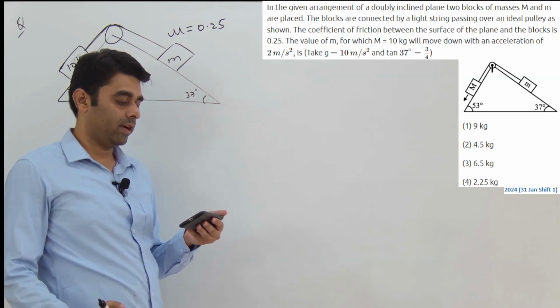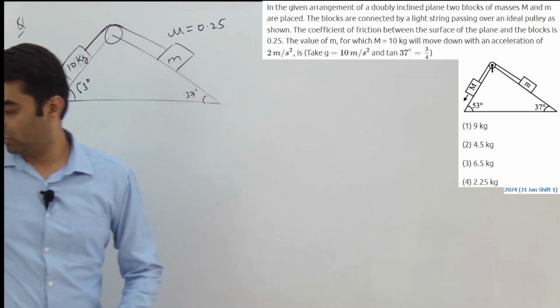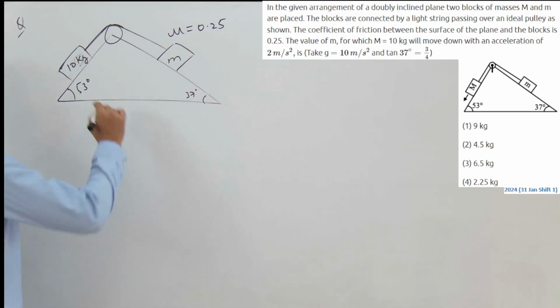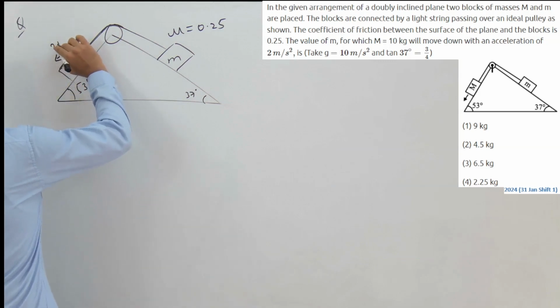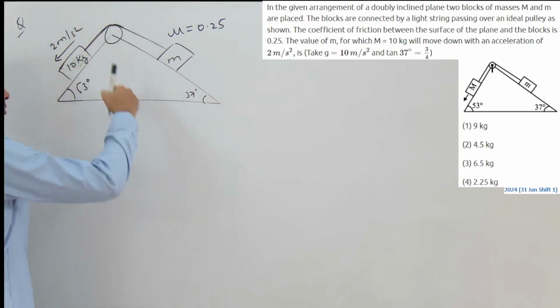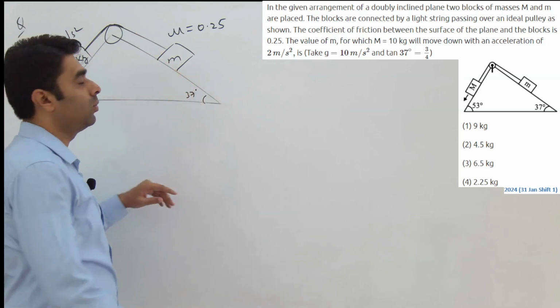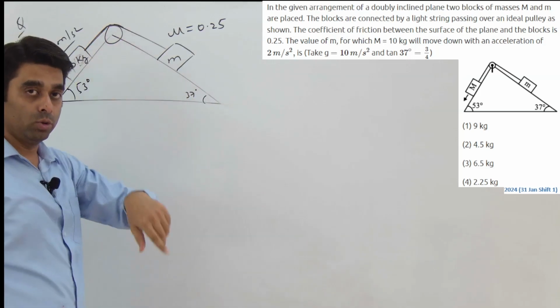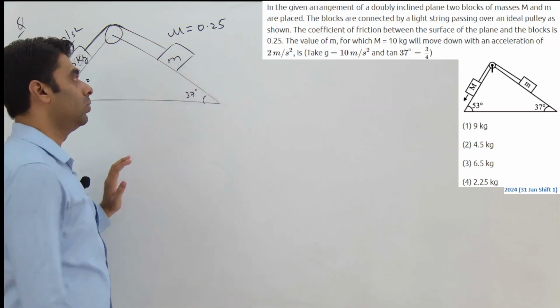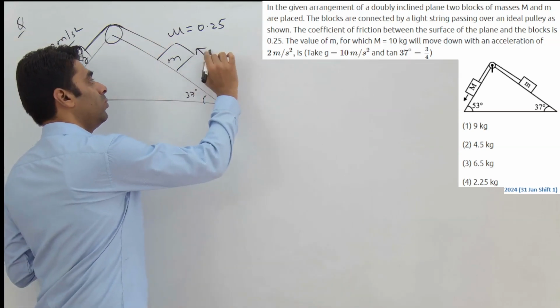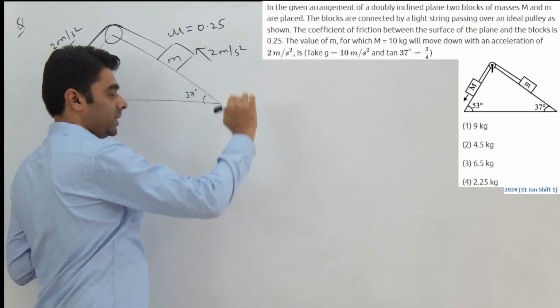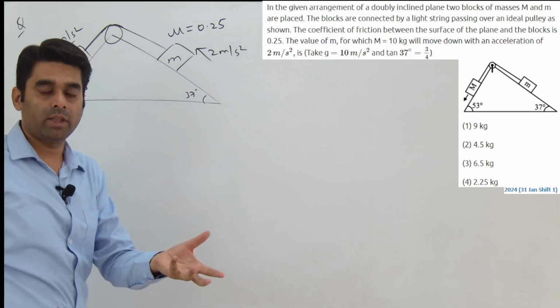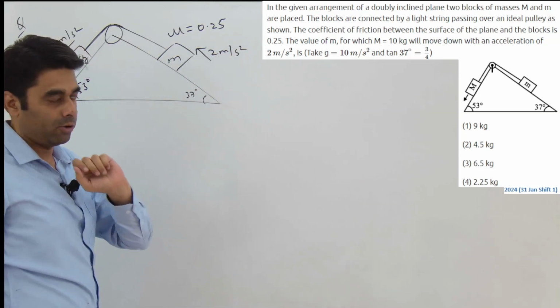G value is 10, sin 37 is 3/4. So this capital M is moving down with an acceleration of 2 meter per second square. If 10 kg goes down with 2, obviously small m will be moving up with 2 meter per second square, because they are constrained to move together with same acceleration magnitude wise.